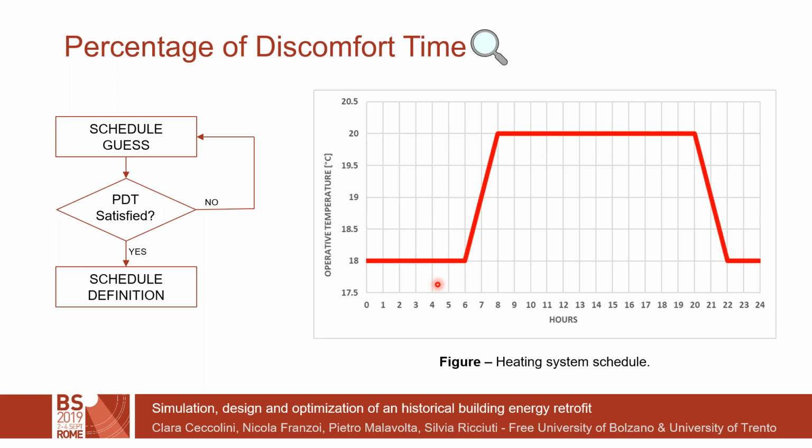We can note that the setback temperature is quite high, 18 degrees Celsius. We are pretty sure that this is due to the high thermal inertia of the building. Indeed, a lower setback temperature would not respect the required deviation.